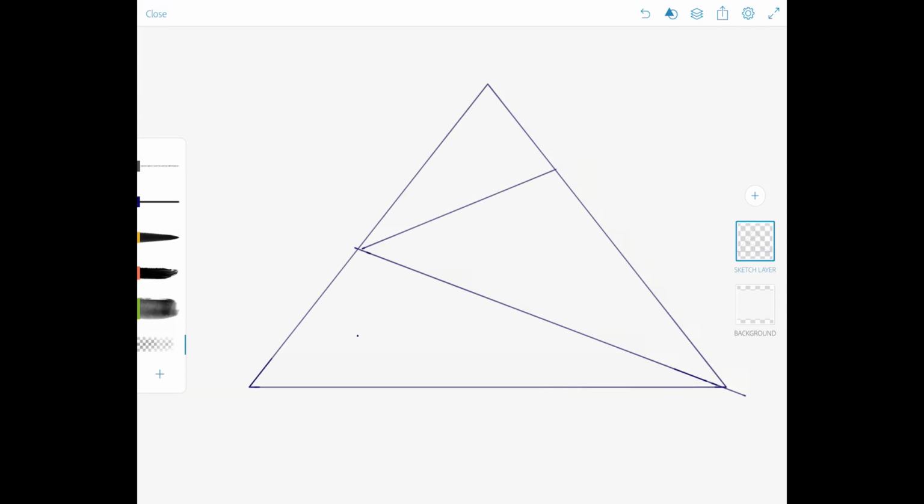And then you got a line that goes over from this corner up to the line, and then this corner up to that.